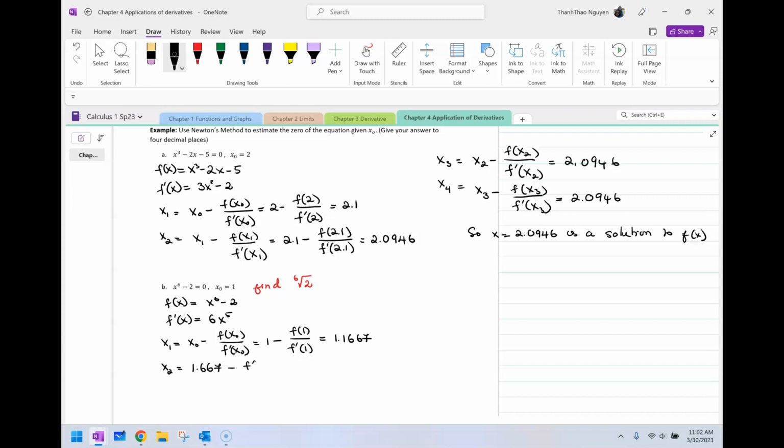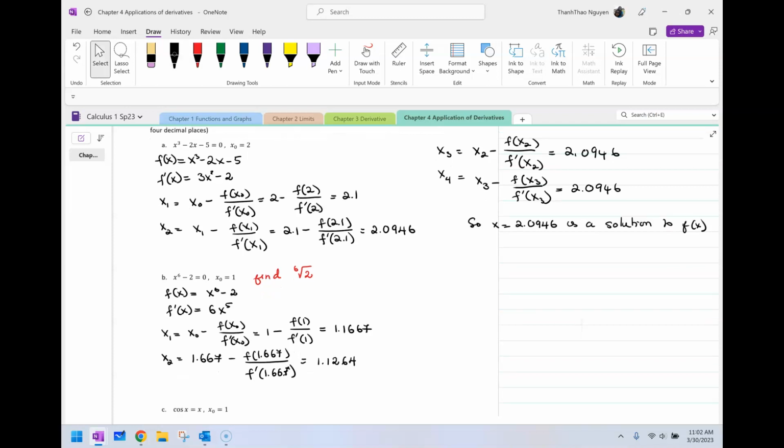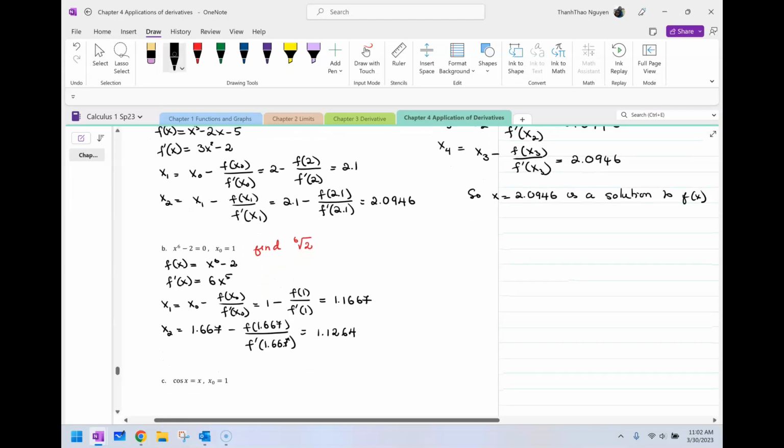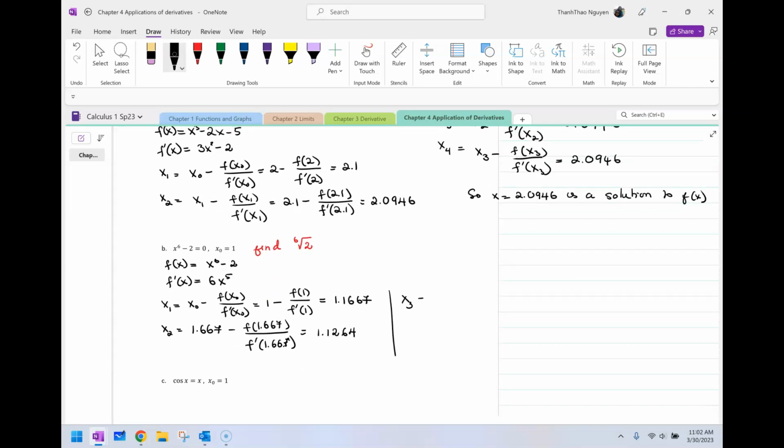x2 equals 1.1667 minus f of 1.1667 divided by f prime of 1.1667. This equals 1.1264. Similarly, you can calculate x3. x3 is about 1.1225. x4 equals 1.1225.